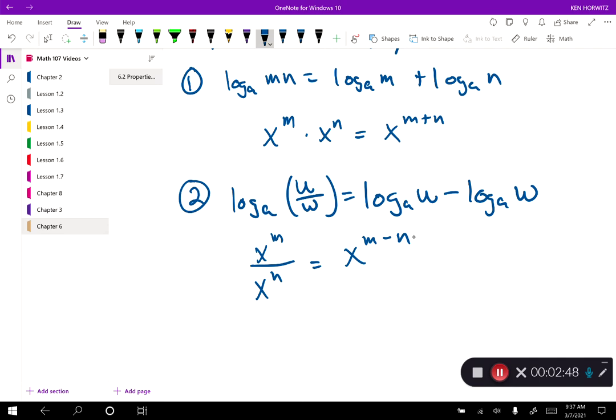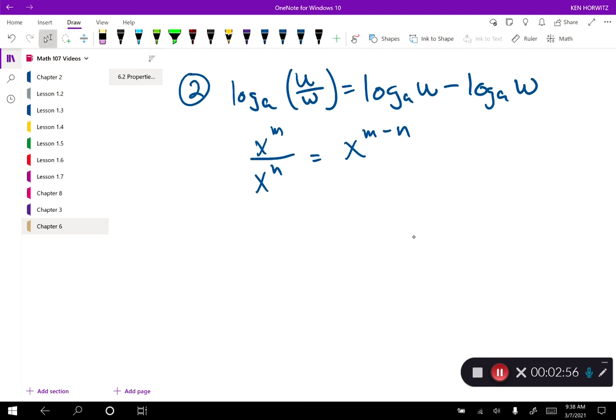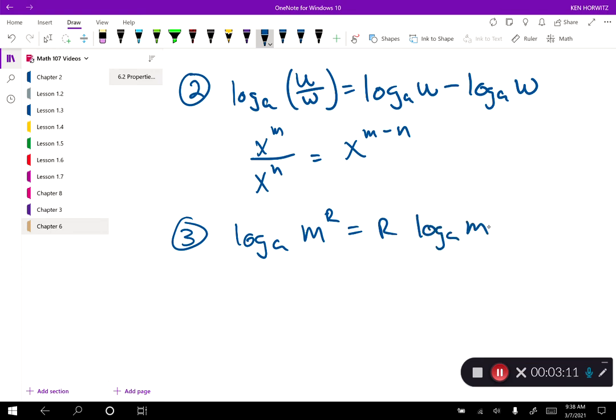All right, the third major property that we're going to use is called the power property. I'm going to scroll up a little bit just to get a little more space. And the power property says the log base A of m to the r power equals r log base A of m. So you can take the power, we can bring it out front, just like we did here, and then we can multiply.